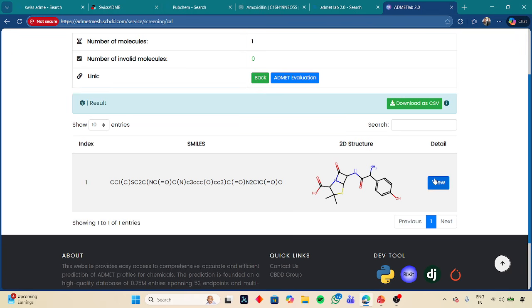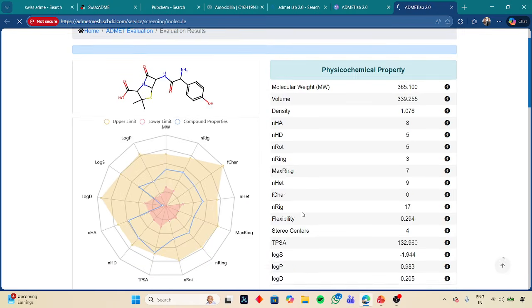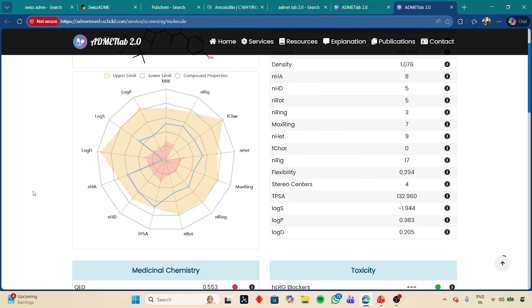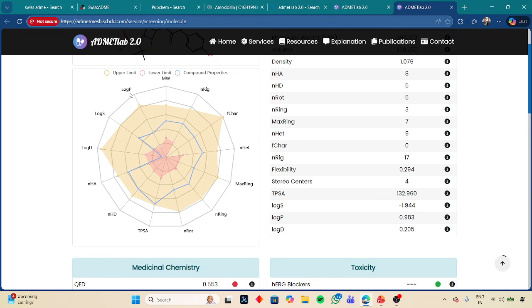Now go to the view and it will show you the drug molecule information. In ADMETlab, you can find this bioradar, where the first thing given is the molecular weight, then some of the heavy atoms that are present, ring size, TPSA, hydrogen bond donor, acceptor, logD value, logS value, logP value, lipophilicity.